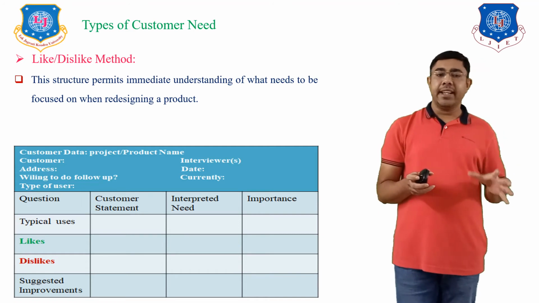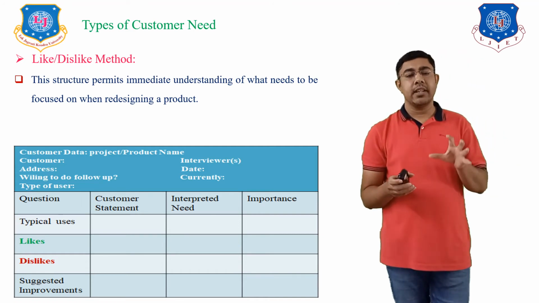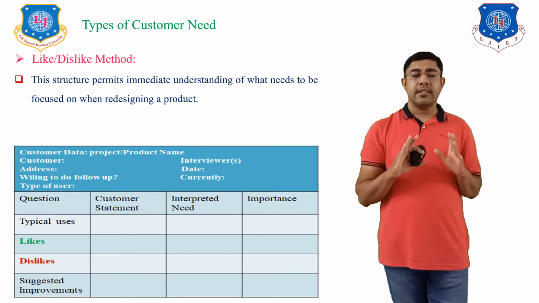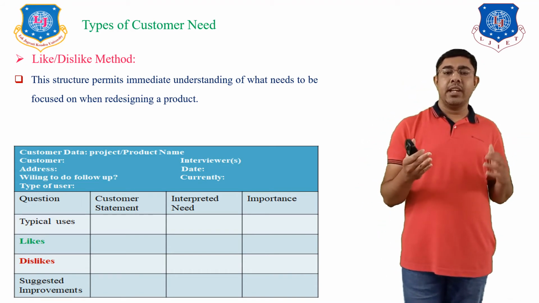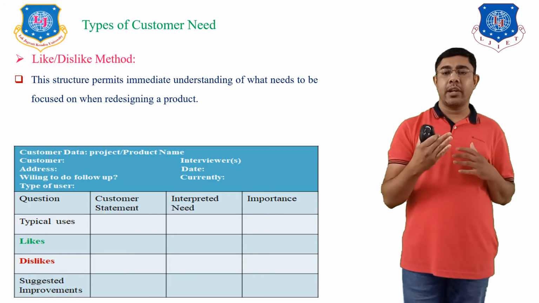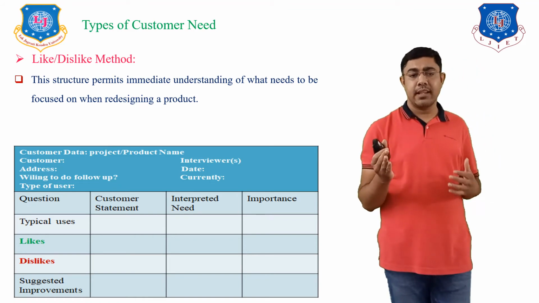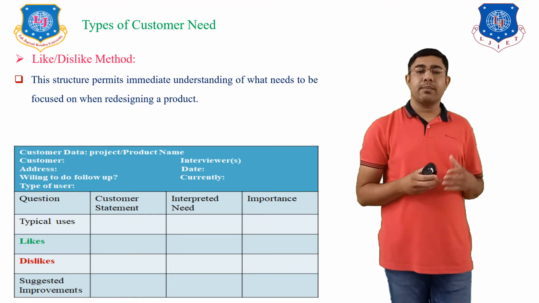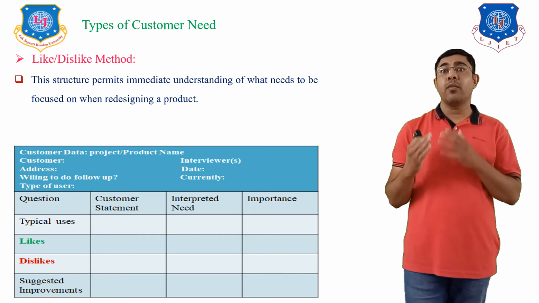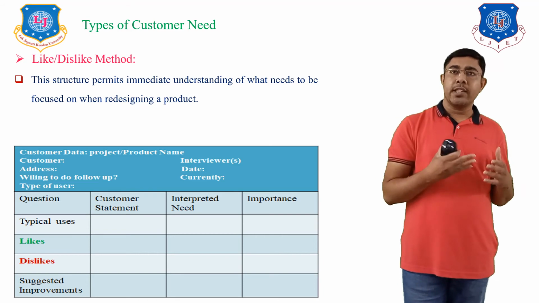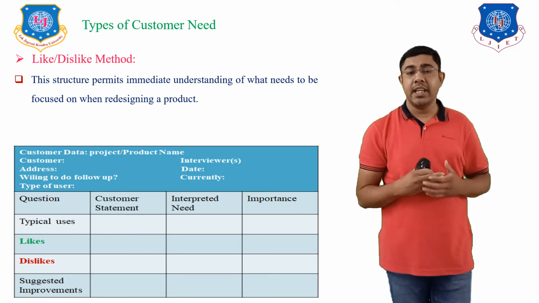The like-dislike form, as shown here, is a structure in which you can easily understand what customers like and what customers do not like. This structure permits immediate understanding of what needs to be focused on when redesigning the product.